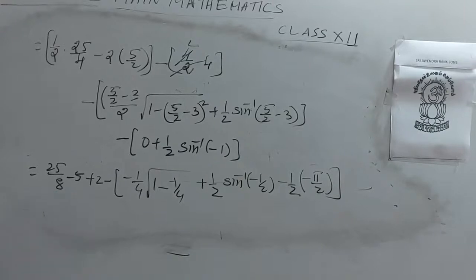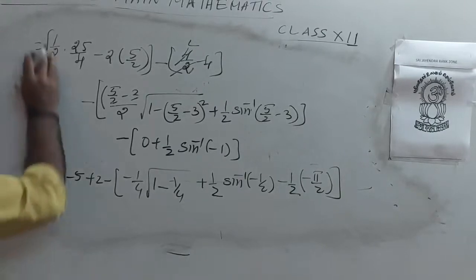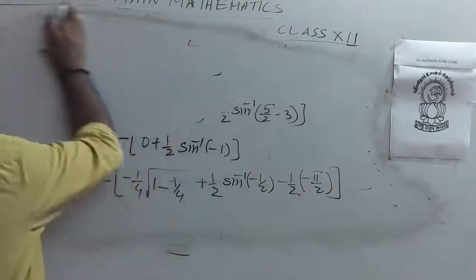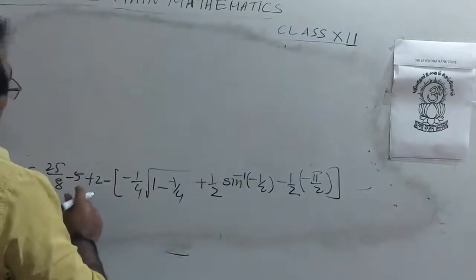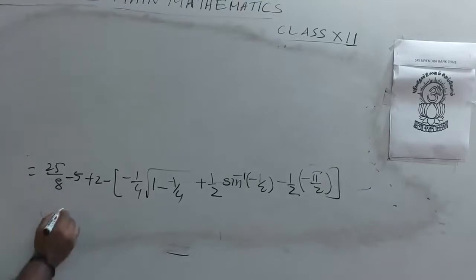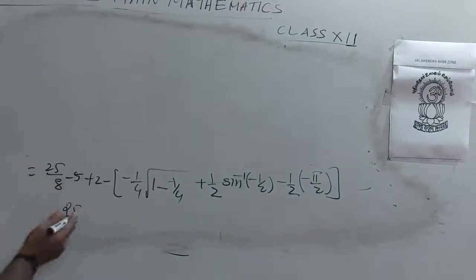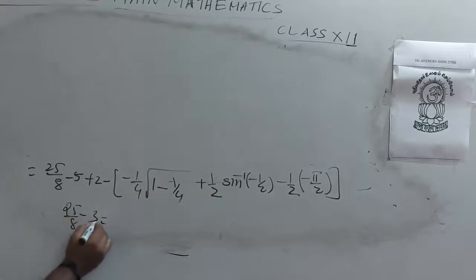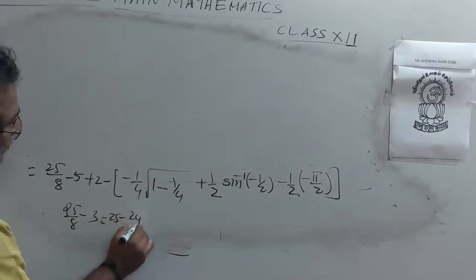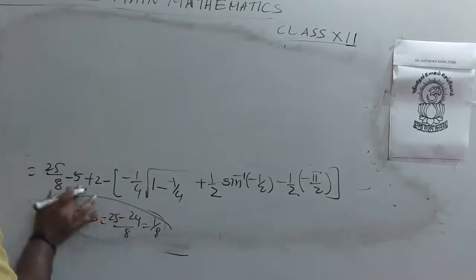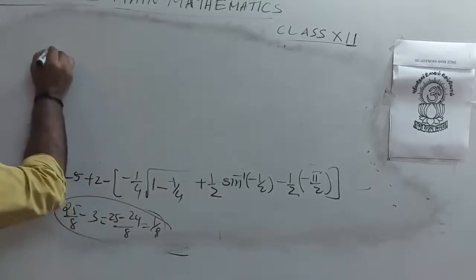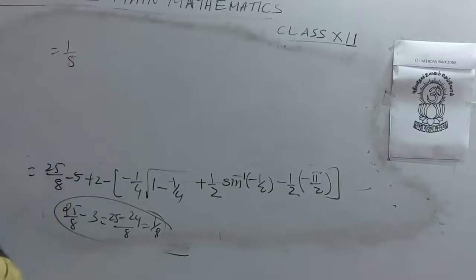If you calculate this, 25 by 2 minus 5 plus 2 minus 3, that is 25 minus 24 by 8, so for this portion we have 1 by 8.